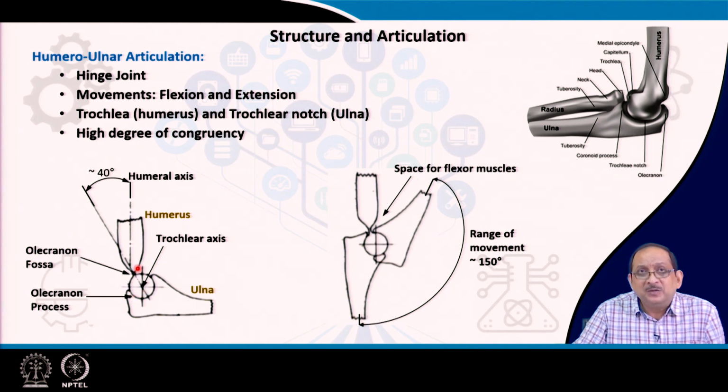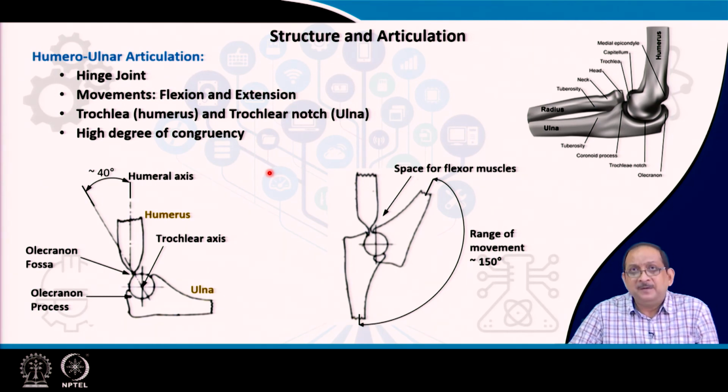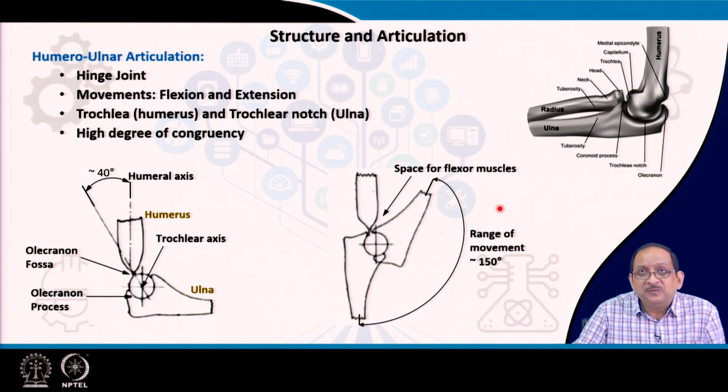So, the trochlea of the humerus is articulating within the trochlear notch of the ulna, giving rise to humero-ulnar articulation. This joint has a high degree of congruency. So, the flexion movement offered by this joint can range up to 150 degrees.